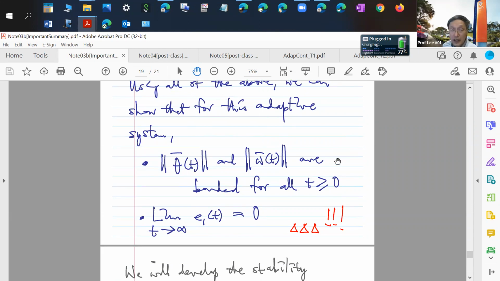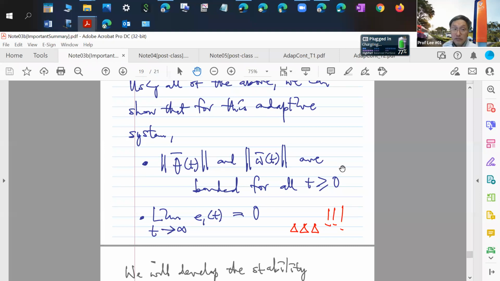Even though it's a nonlinear system, and there's danger, as I mentioned, of finite escape, there's no danger here. They may be large, but they will never be infinity.